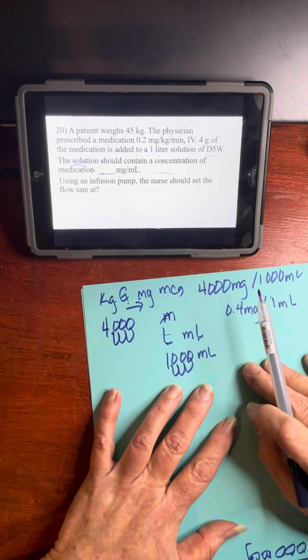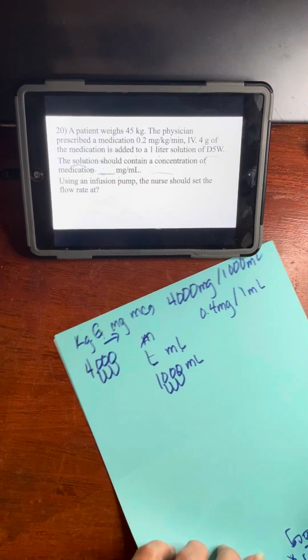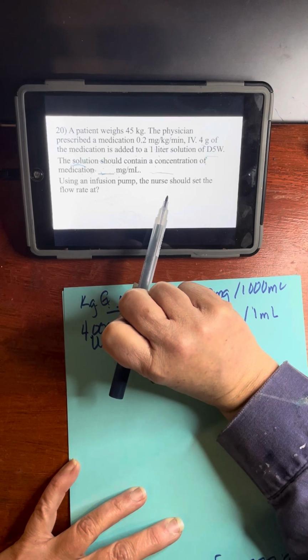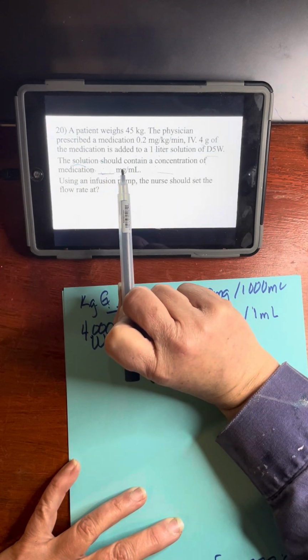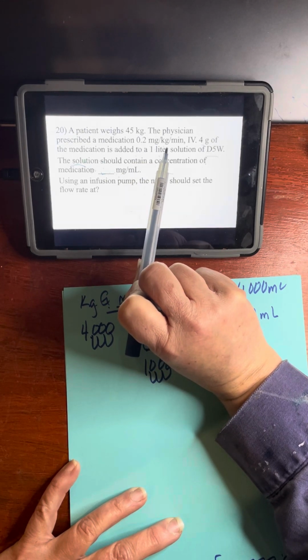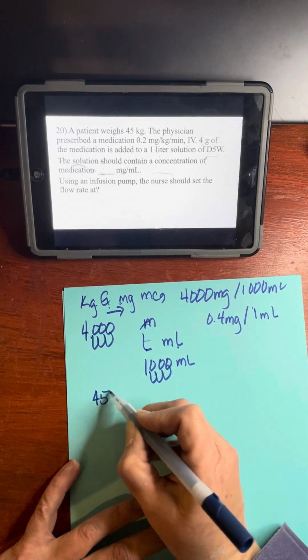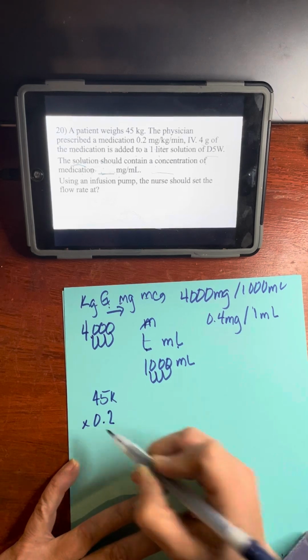Okay? Take a deep breath. Take a swallow of your beverage. And now we've got to set the infusion pump. The patient weighs 45 kilograms, and he wants 0.2 milligrams for each kilogram. So we've got to do 45 kilograms times 0.2.